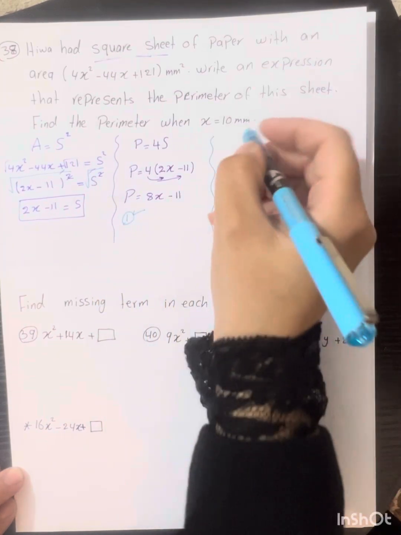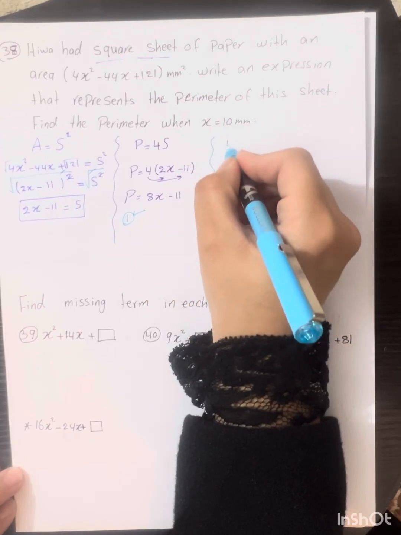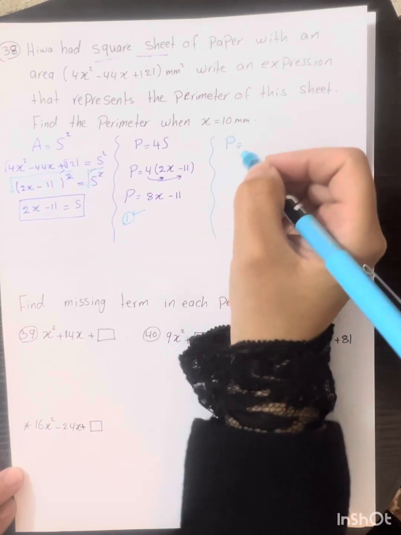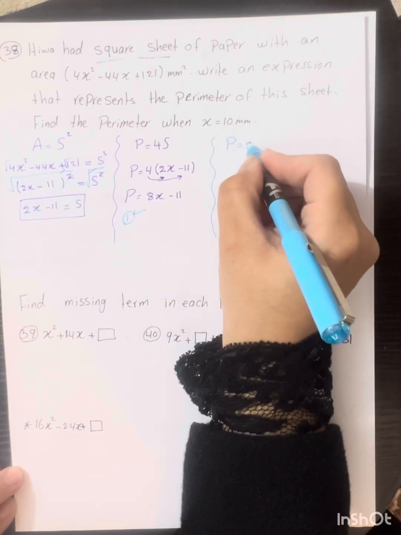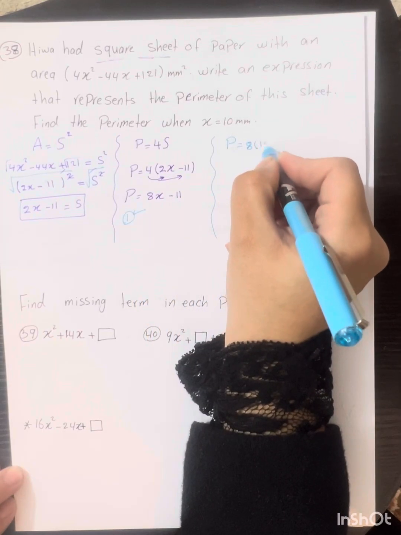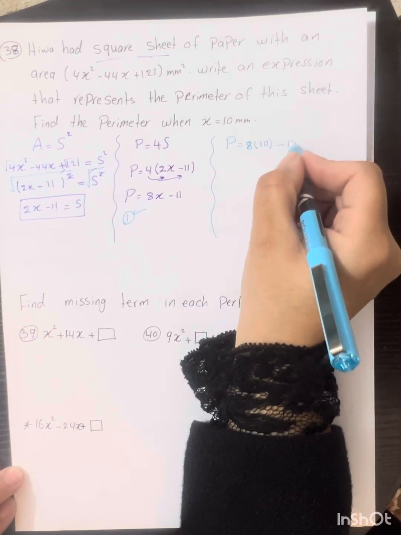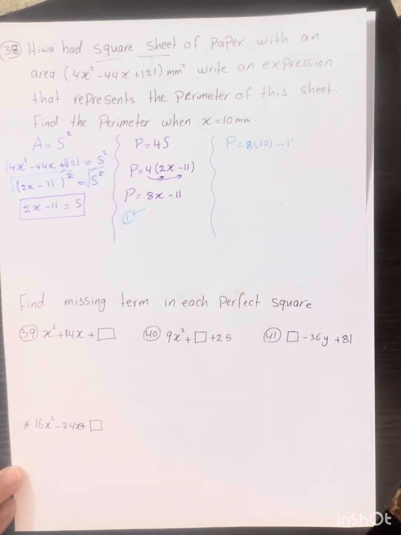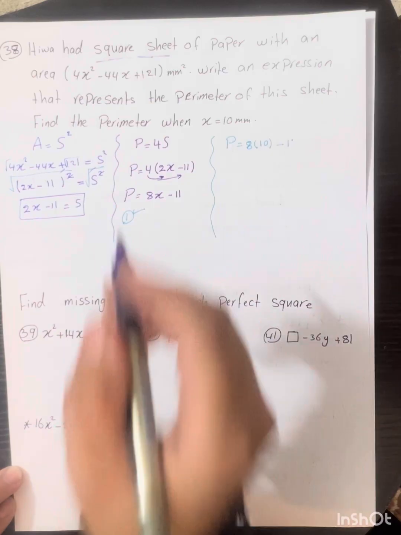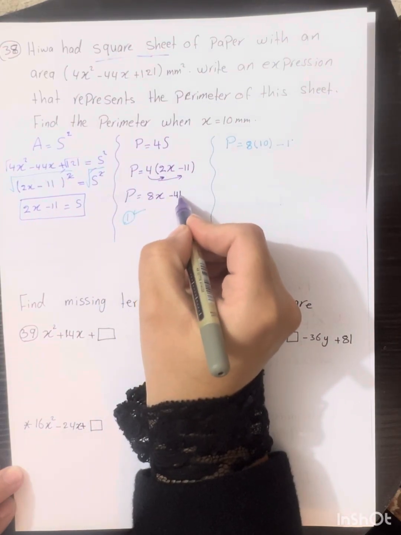Okay, second requirement, I will evaluate the parameter when x equals 10. So I will write p equal 8x, 8 times 10, minus... sorry student, when we multiply them, this 4 by 11 will be 44.